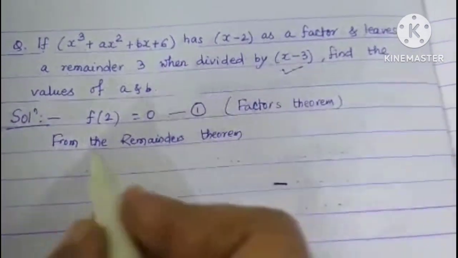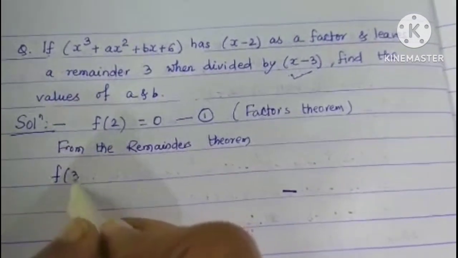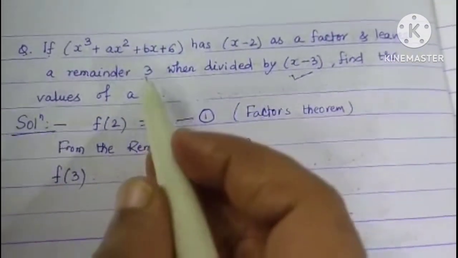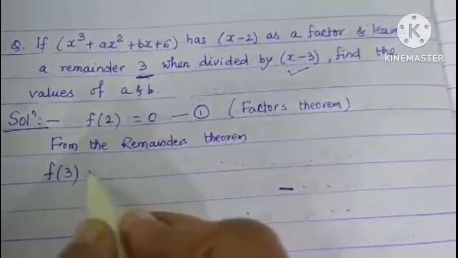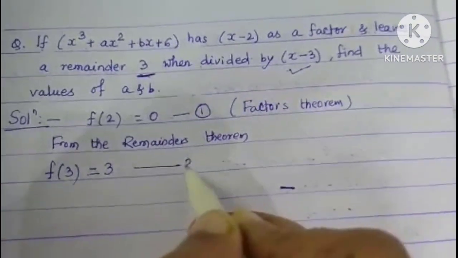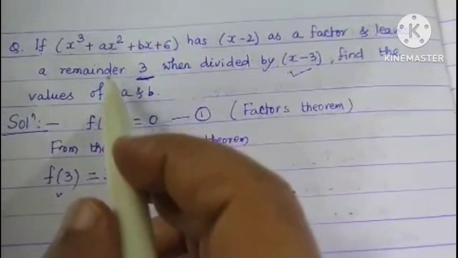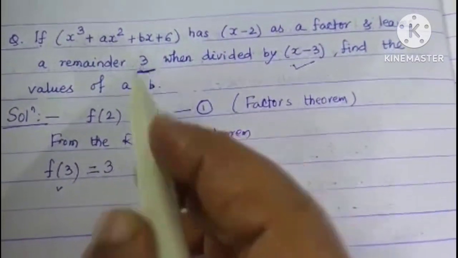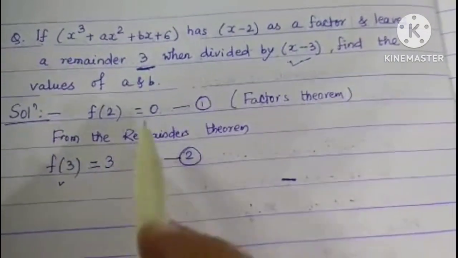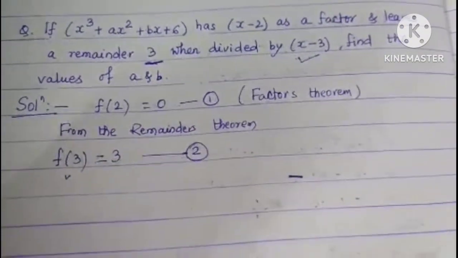So the remainder in this case will be f(3), and the remainder given is 3. So f(3) is equal to 3. Basically we have to solve both of these equations.